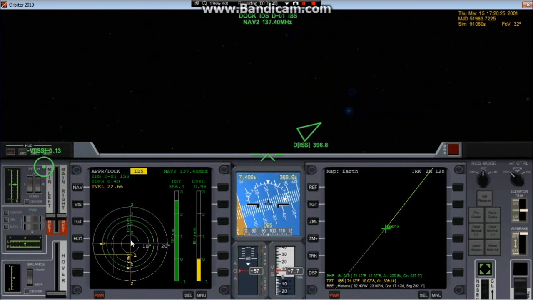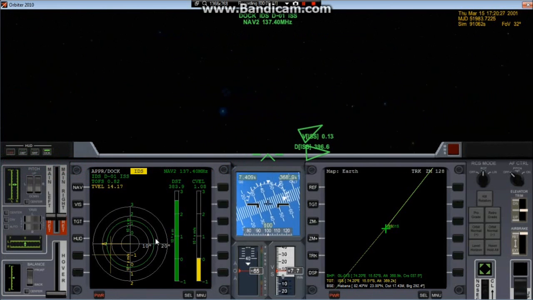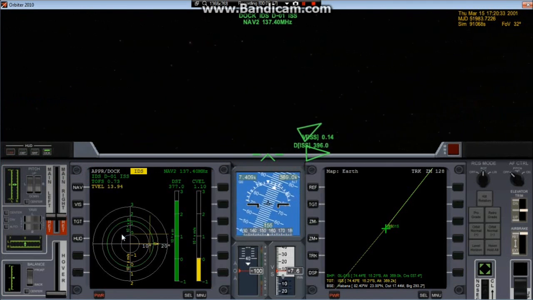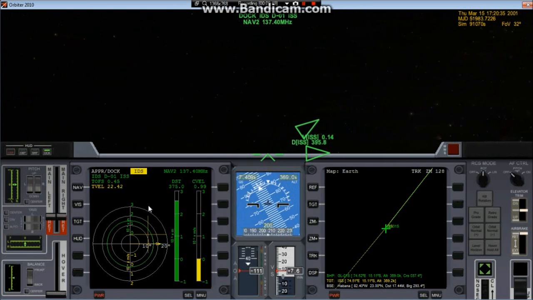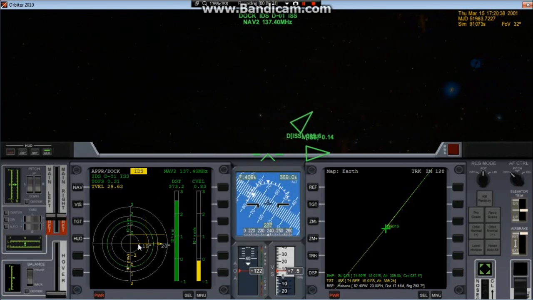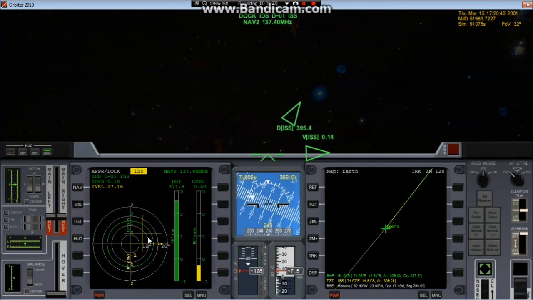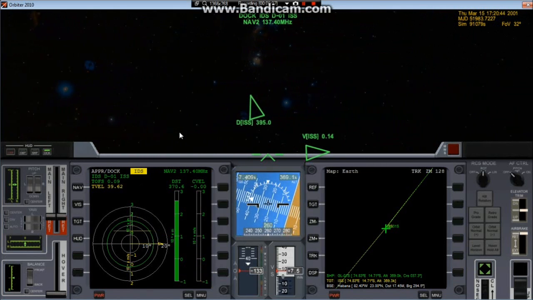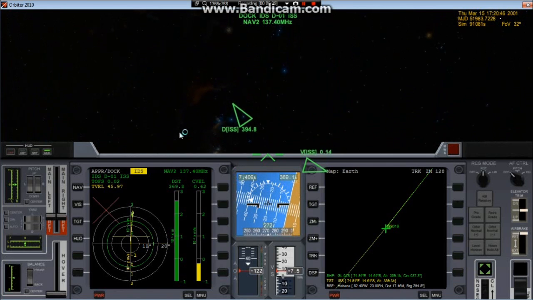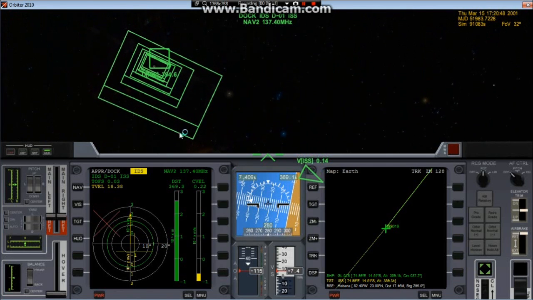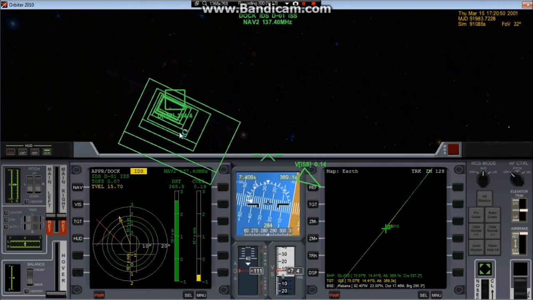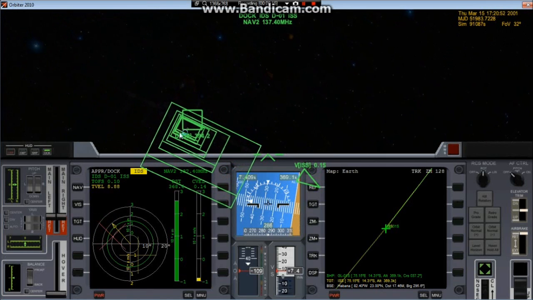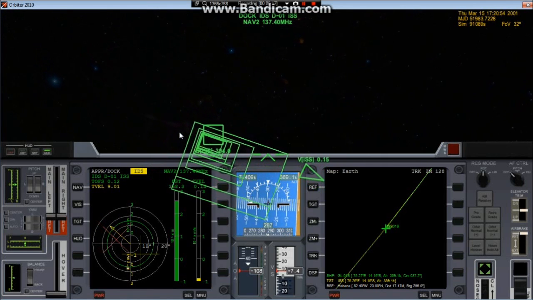So now what you're going to see is this green circle, which represents the difference in angle and the difference in distance that we're allowed to be for the certain spacing that we have between us and the ISS. And soon you're going to see a white crosshair come across the screen, which shows, there it is, it's red now, and it shows you how acceptable our facing direction is.